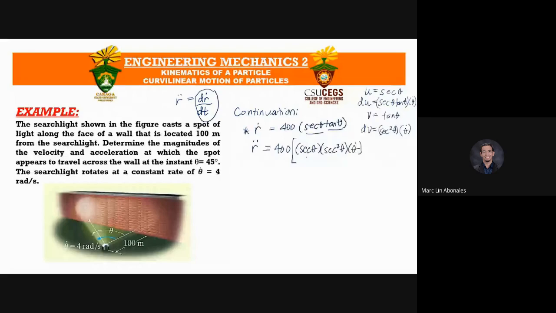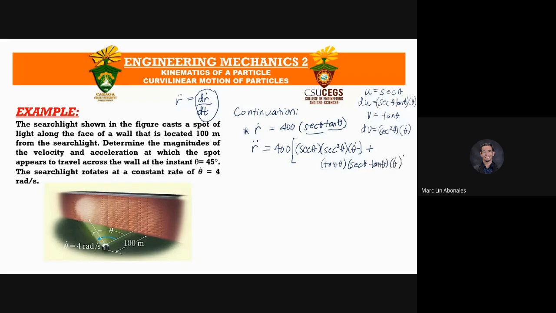So mo nimong U ang second and dV plus V nato is tangent theta, and dU, derivative sa u, is secant theta tangent theta times theta dot.